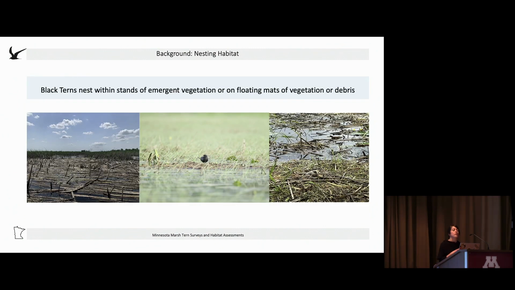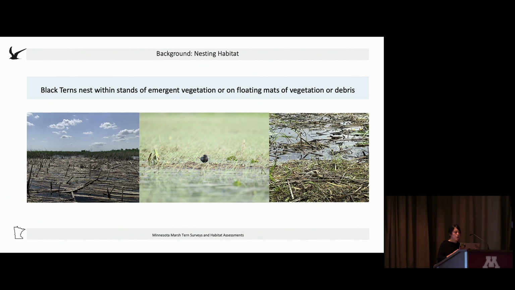For nesting, black terns are considered a semi-colonial nesting species, which is one of the things that makes them frustrating to study. So that means they can nest in large colonies or in really loose small colonies with a few other nesting pairs of birds.